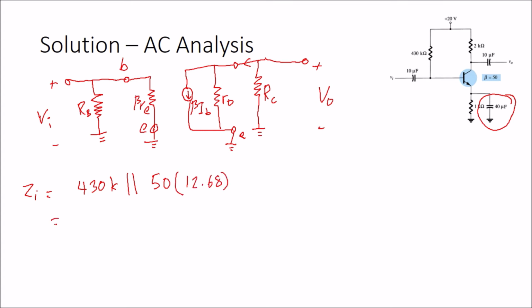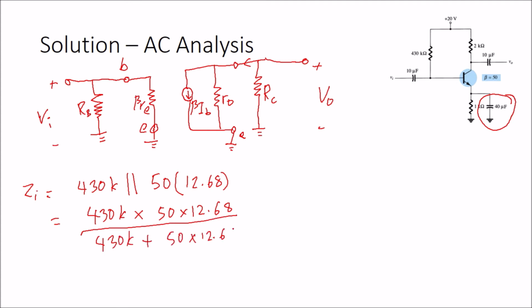It's going to be equal to 430 kilo times 50 times 12.68 over 430 kilo plus 50 times 12.68, equal to 633.06 ohm.